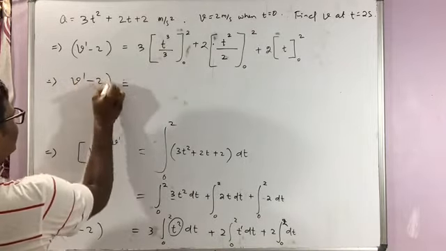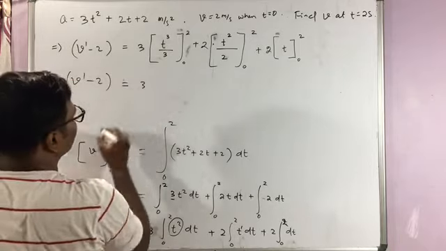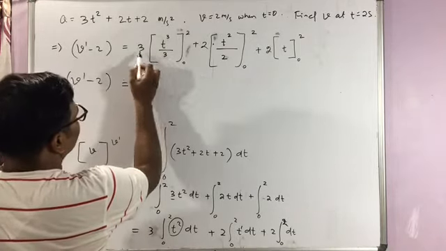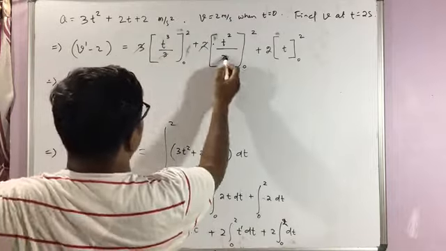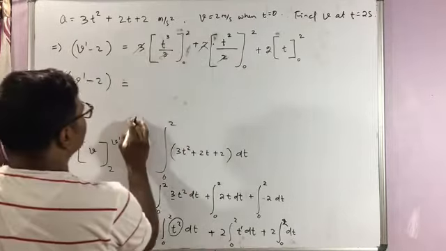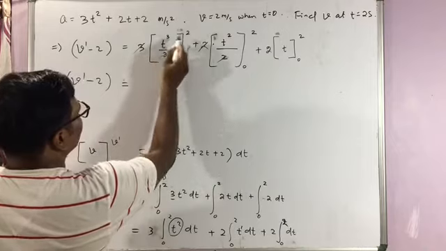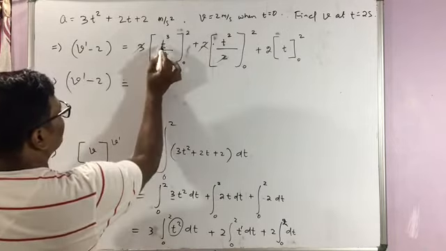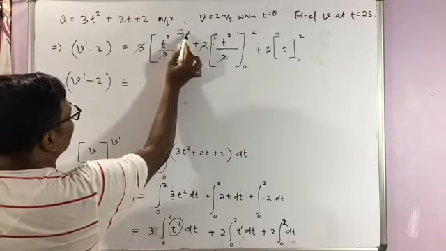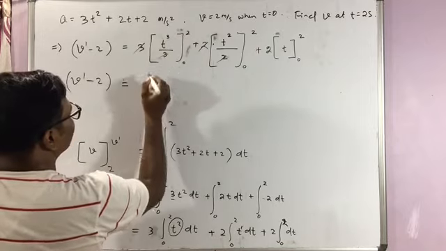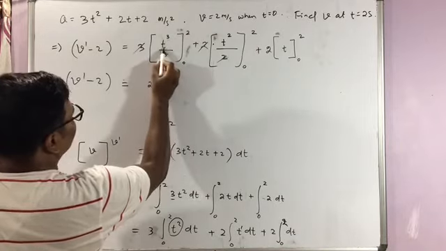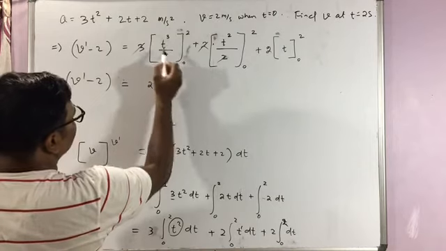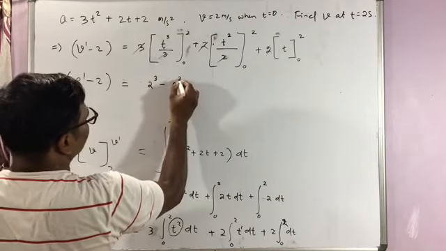Now let us solve it. V dash minus 2 would be 3 into, and you see here it is 3, here it is 3, so it will get cancelled. Here 2 got cancelled. It will be t cube, limit 0 to 2. Instead of this t you put the upper limit, 2 to the power 3, minus, instead of t you put the lower limit, 0 to the power 3.